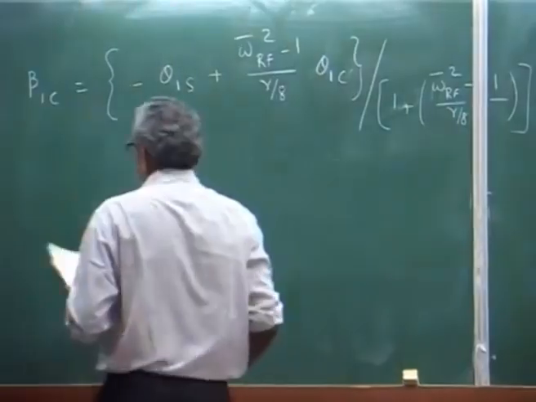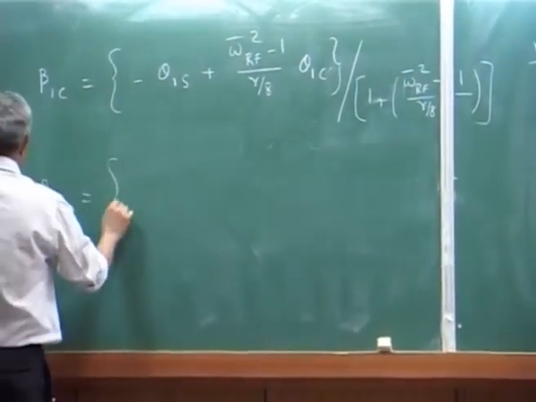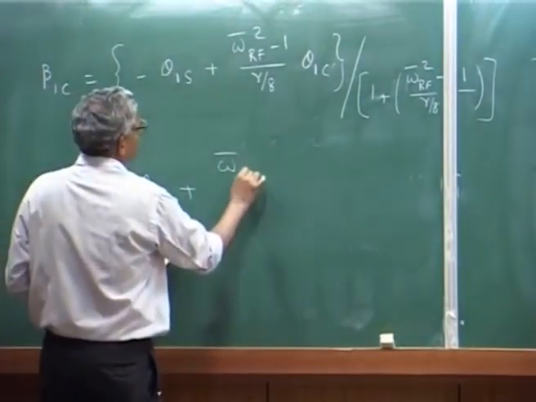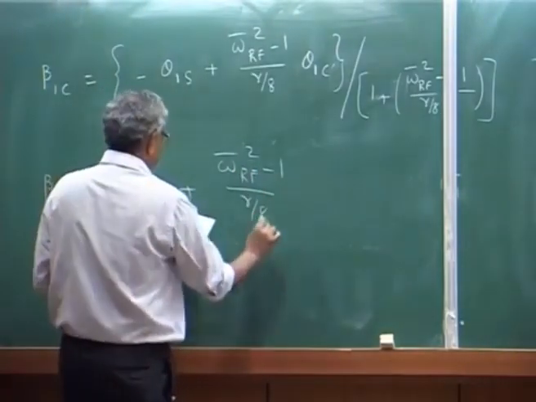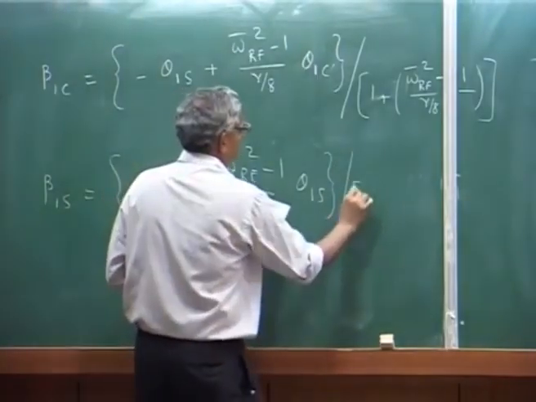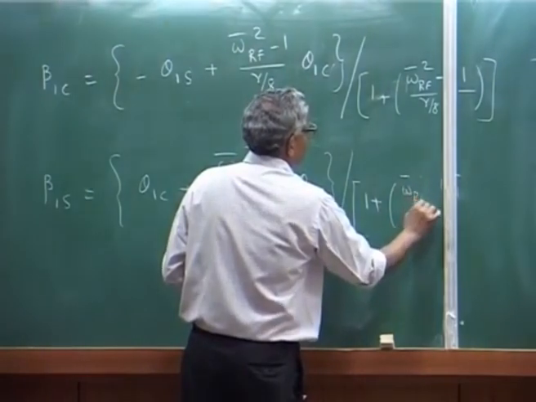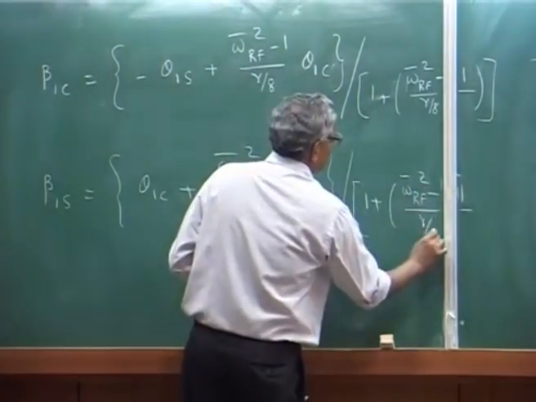Okay. And similarly, beta 1 s equals theta 1 c plus omega bar r f square minus 1 over gamma over 8, the denominator is same, okay, minus 1 over gamma over 8.